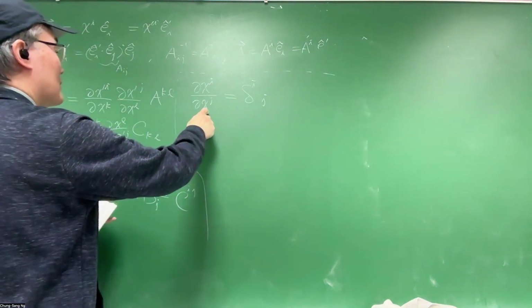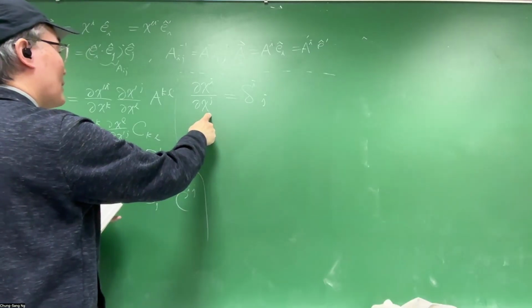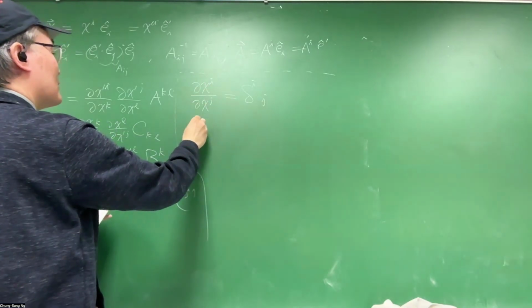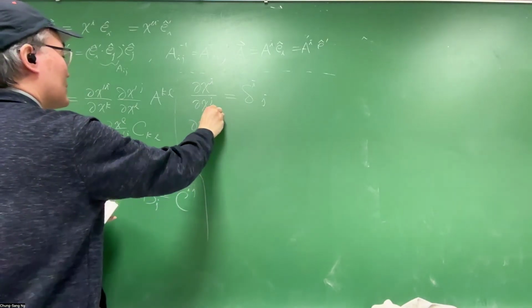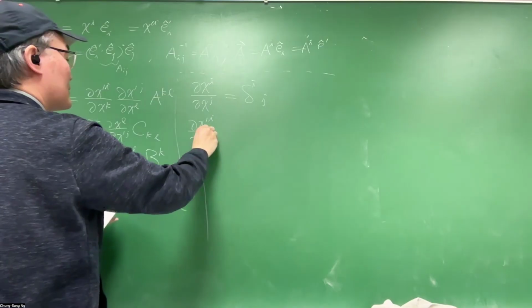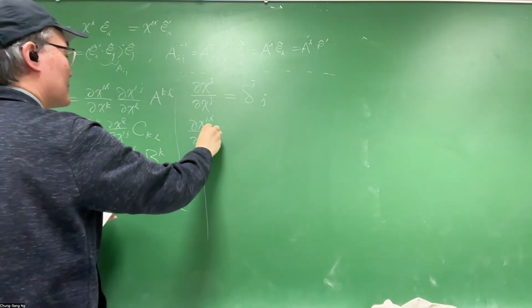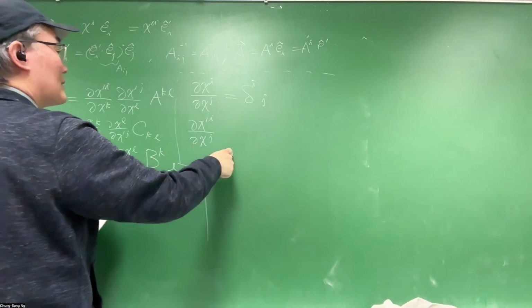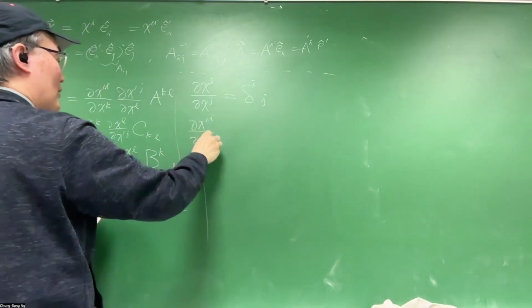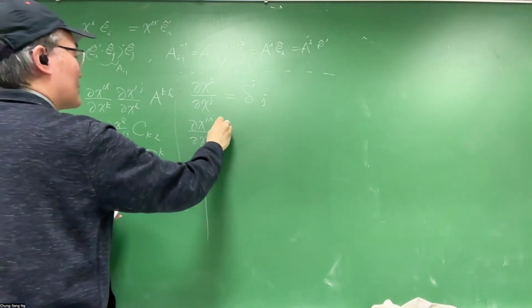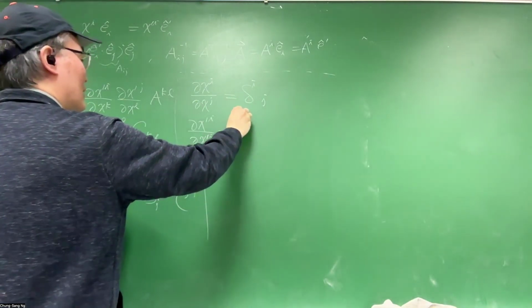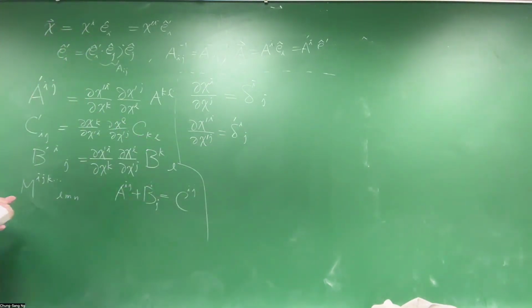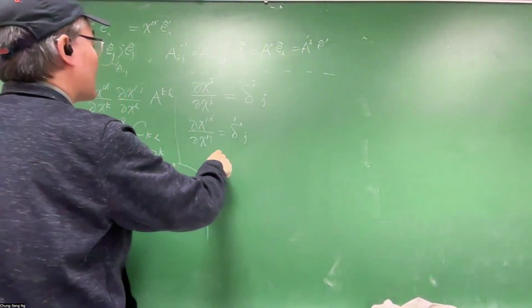In the new coordinate system, partial x prime i over partial x prime j is just the Kronecker delta in the new coordinate system, and now we want to see how it transforms.